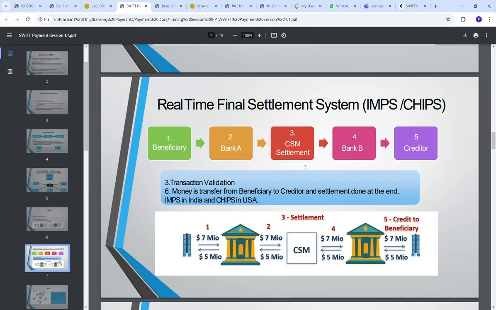For example, IMPS always sends up to 1 lakh rupees. Have you used IMPS? IMPS is a very fast system, it can transfer within a fraction of a second like UPI. RTGS will take batches, but it will be quicker. Only the settlement is done at the end. That's the difference. Otherwise it's the same process again.